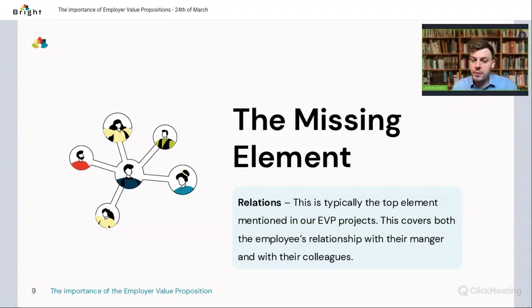So I encourage everybody to consider, how do relationships form? How do they sustain themselves within your organization or business so that people do feel that it's fair, so that they do feel they're supported by their manager and their colleagues.